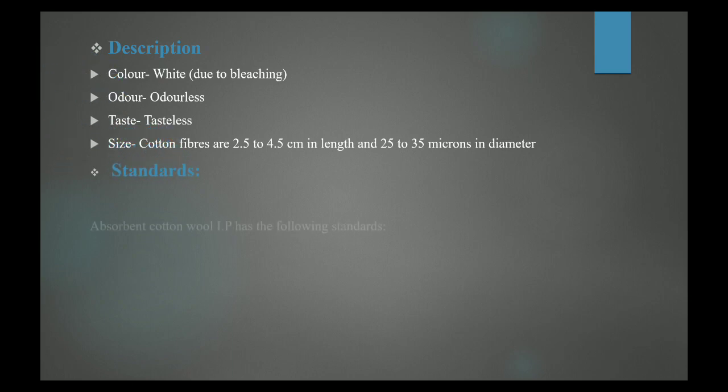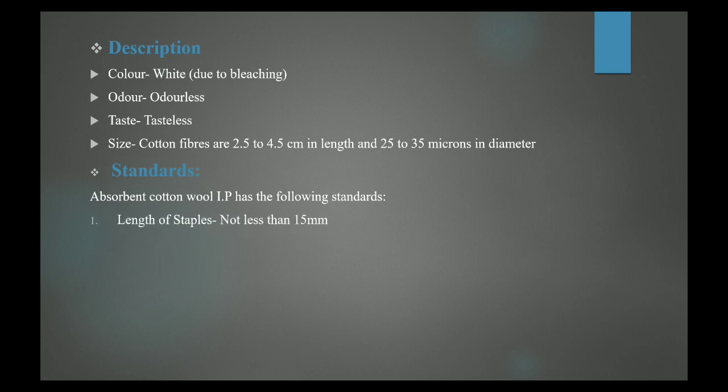Standards: absorbent cotton wool IP has the following standards. First, length of staples not less than 15 mm. Water soluble extractive not more than 0.5%. Sulfated ash not less than 0.5%.